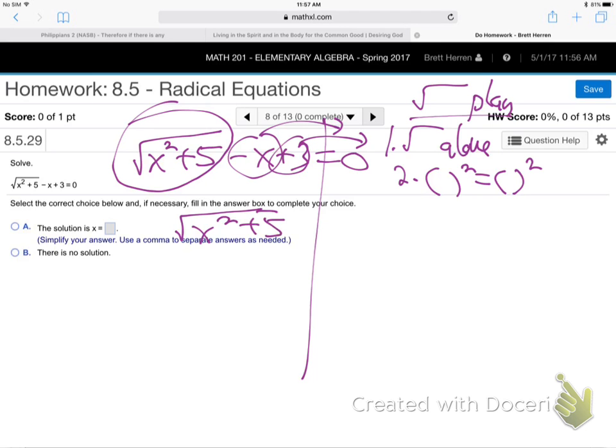The root's alone, and they've switched signs on the other side. Is that good so far? That's step 1. The root is saying, I want to be alone. We got it alone. Now what?